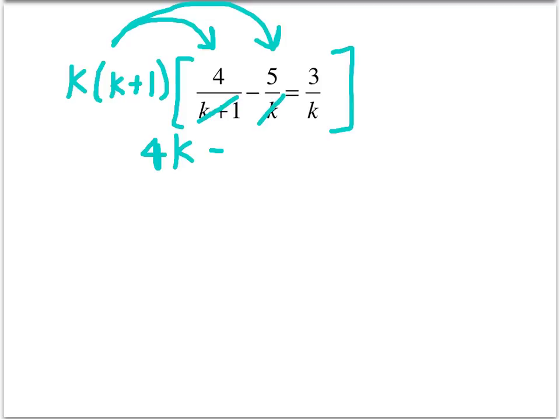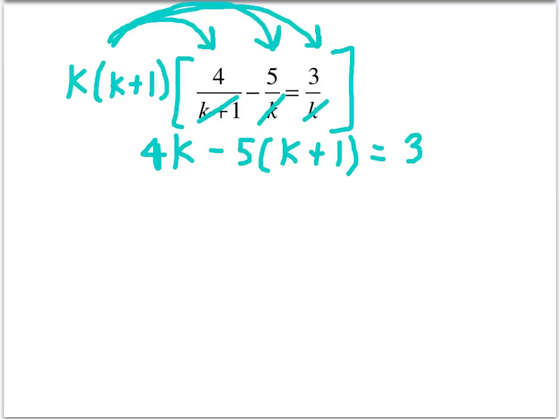I'll end up with minus 5 times k plus 1. And lastly, when I multiply this by the value on the right side, again, the k's will cancel out, and then I'll have 3 times k plus 1. Well, again, not a real beautiful looking problem, but at least I don't have anything left in the denominator.